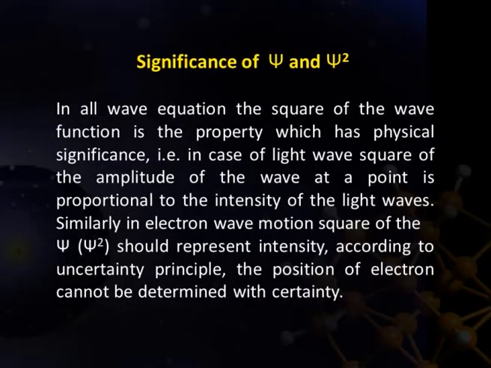That is, in case of light wave, square of the amplitude of the wave at a point is proportional to the intensity of the light wave. Similarly, in electron wave motion, psi square should represent intensity. According to uncertainty principle, the position of electron cannot be determined with certainty.